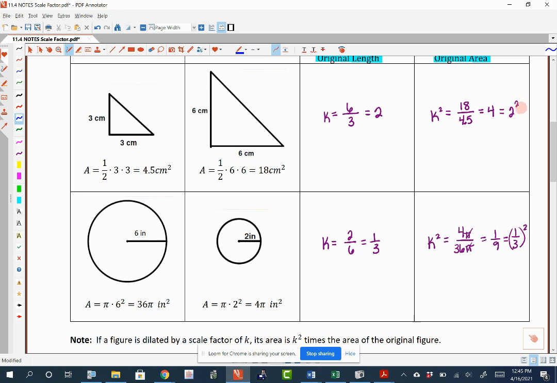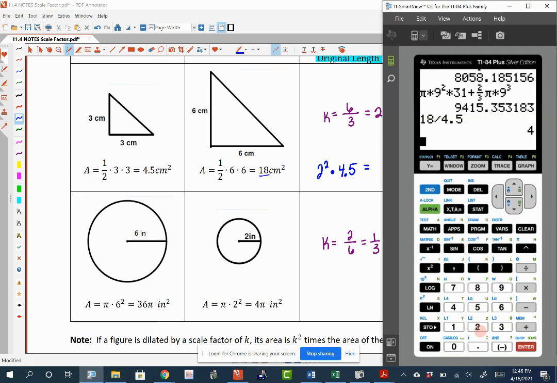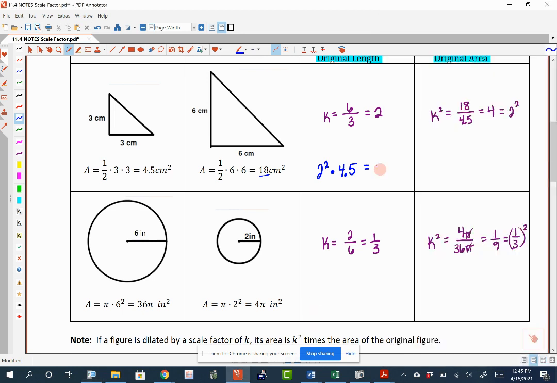My K squared was 2 squared times the original area, which was 4.5. That is supposed to be the area of the dilated shape, and we know the dilated area was 18. So 2 squared, which I know is 4, times 4.5 does give me 18.